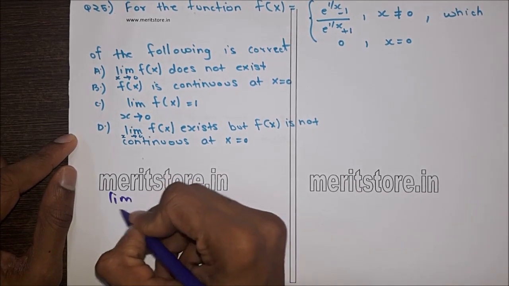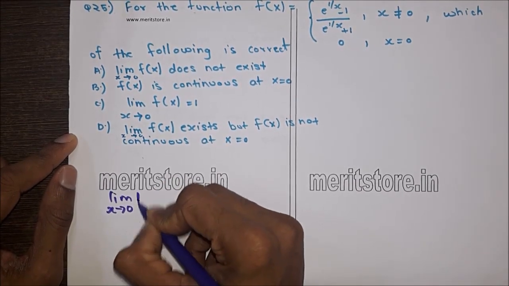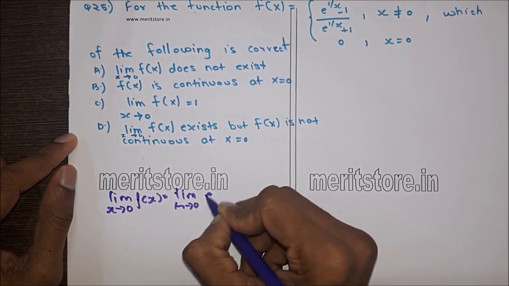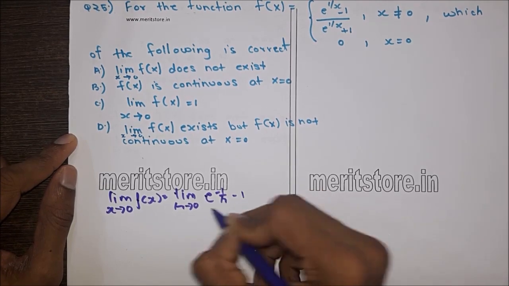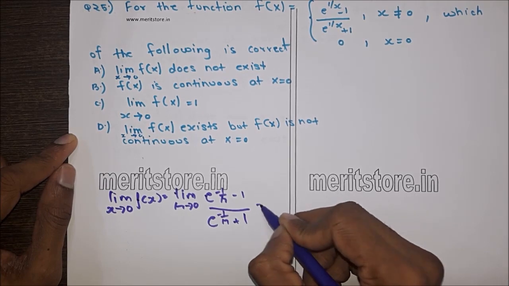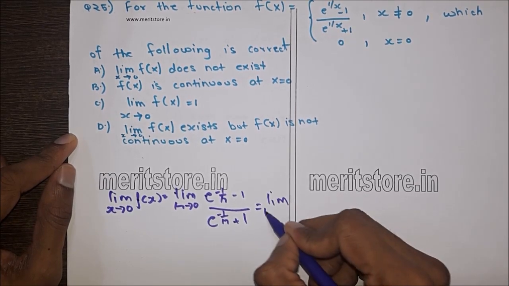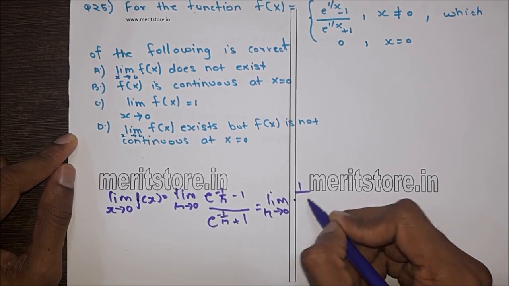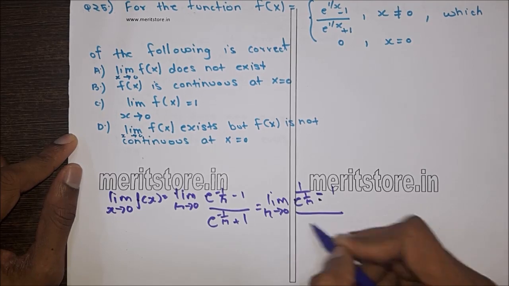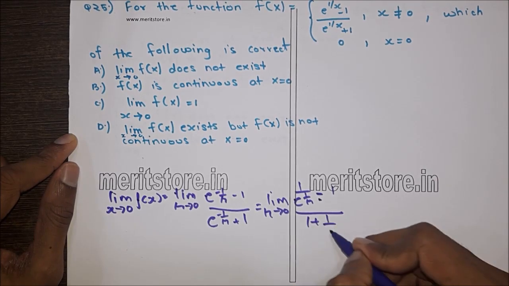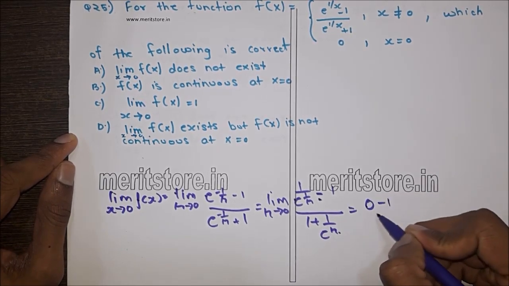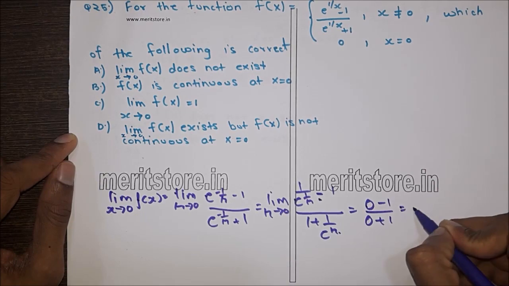Limit x approaches 0 from the left hand side of f of x, we get equal to limit h approaches 0 of e raised to minus 1 by h minus 1 upon e raised to minus 1 by h plus 1, equal to limit h approaches 0 of 1 upon e raised to 1 by h minus 1 upon 1 plus 1 upon e raised to 1 by h, which is equal to 0 minus 1 upon 0 plus 1, which is equal to minus 1.